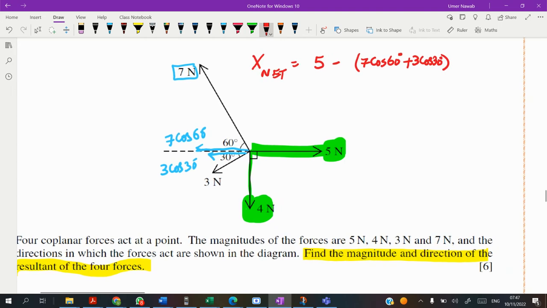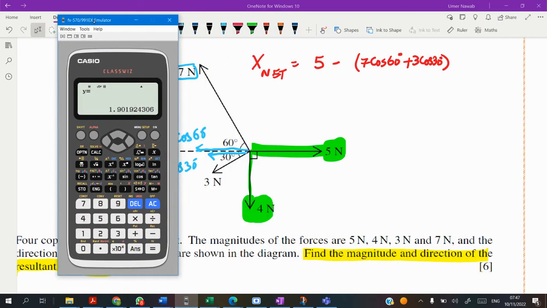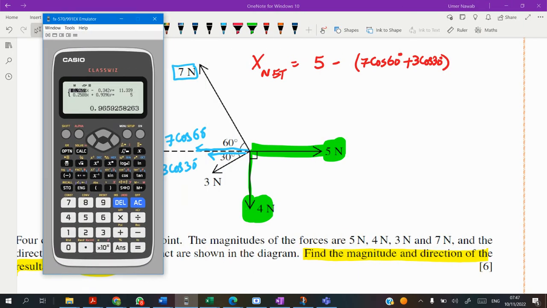So this is the x net. Let me try to calculate it. So 5, go to the computing mode. So 5 minus 7 cosine 60, close the bracket, plus 3 cosine 30, close the bracket, and get your answer.